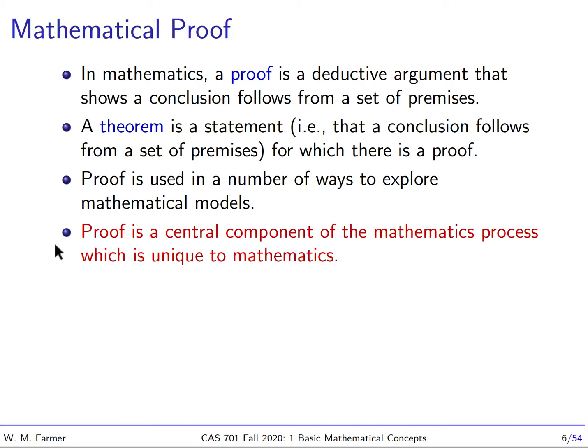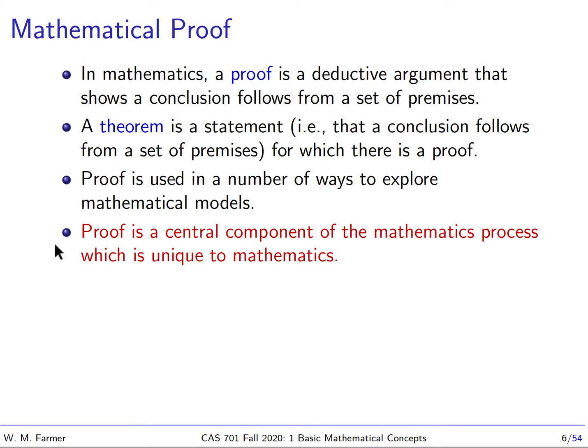Now, I mentioned that in the mathematical process, one of the key things we do is we explore models. And I mentioned there's lots of ways to do this, but by far the most powerful and effective way is using mathematical proof to explore mathematical models. And the approach is pretty simple. We have a model, we think something might be true about that model, we express that as a conjecture, then we try to prove the conjecture.